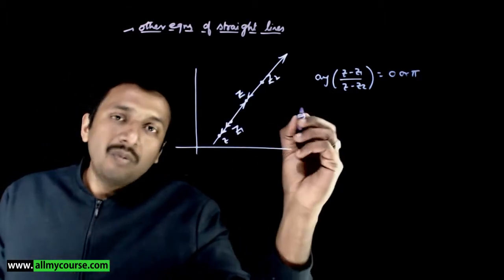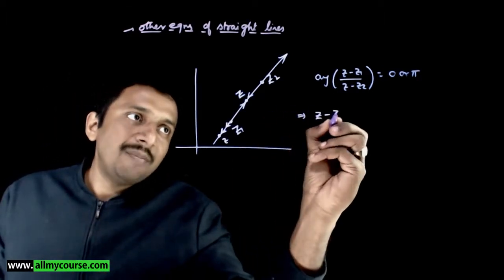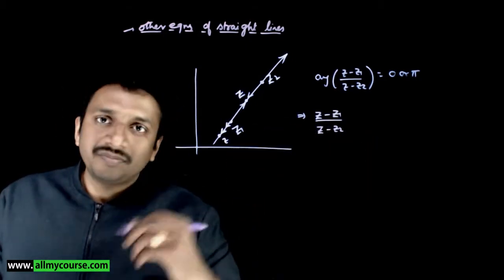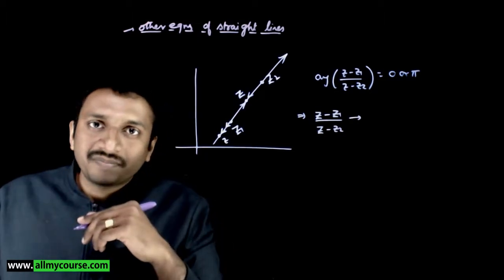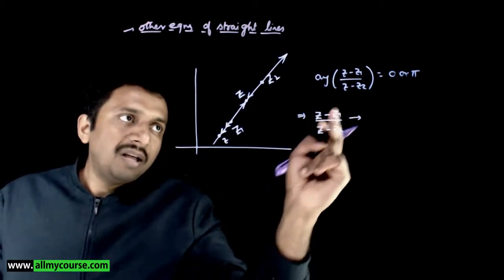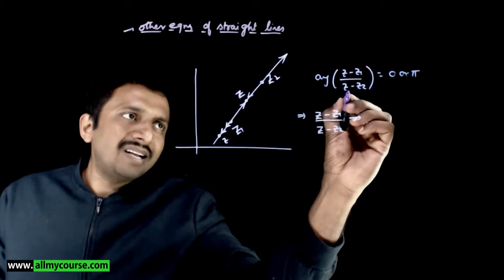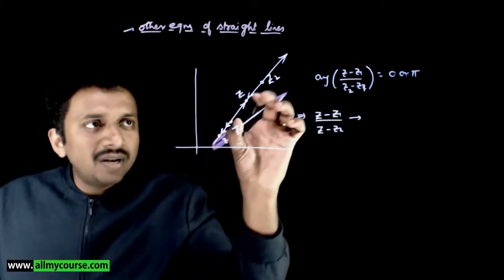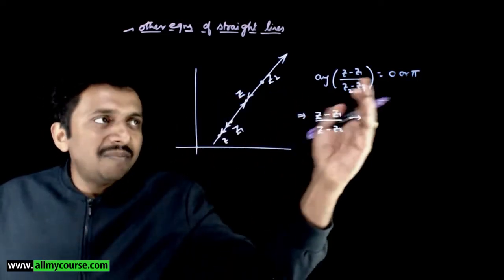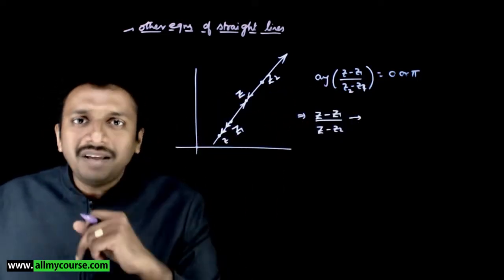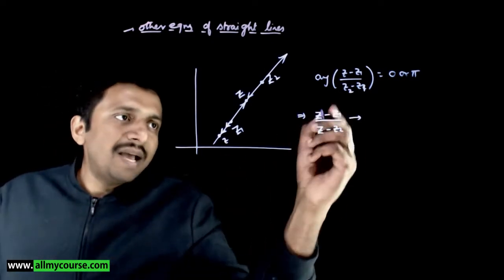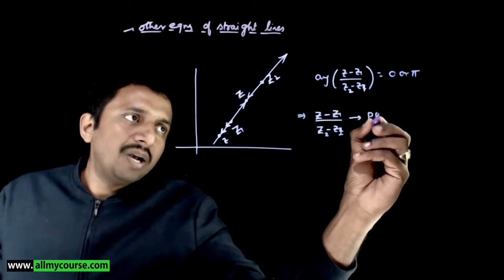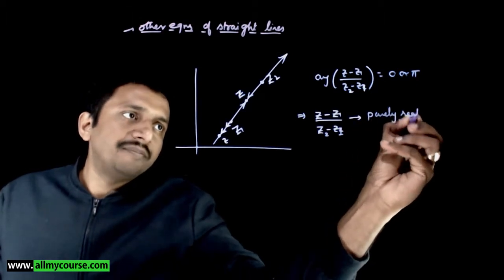This implies, one way to understand this is, instead of writing z minus z2, you can write z2 minus z1. This is also okay because z minus z1 and z2 minus z1 also are in the same direction or they differ by an angle of pi. So (z minus z1) by (z2 minus z1) is purely real.